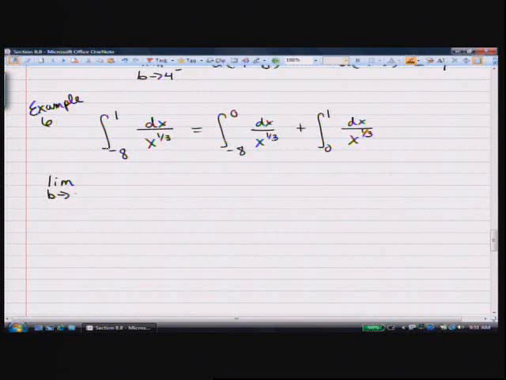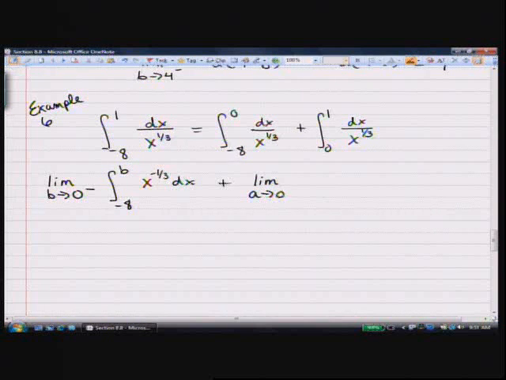b approaches 0 from the left of this integral from -8 to b of, we can write that as x to the -1/3 dx, plus the limit, and you could say as a approaches 0 from the right, the integral from 0 to 1, let me start a to 1, of x to the -1/3 dx.